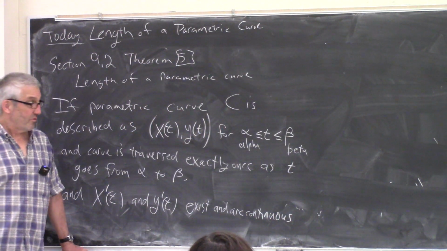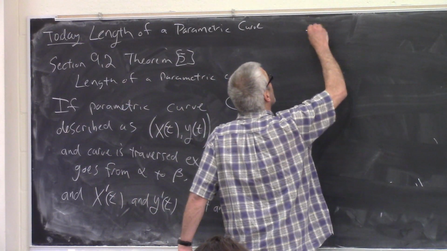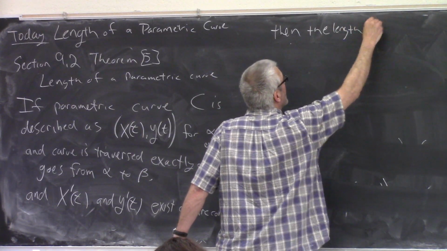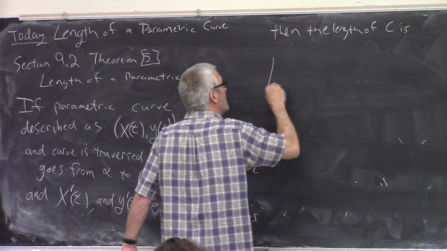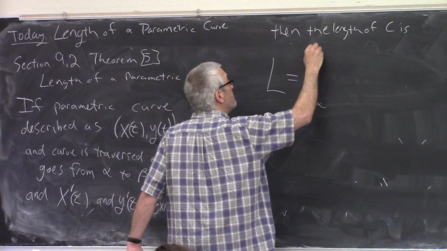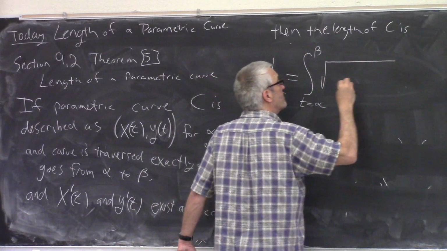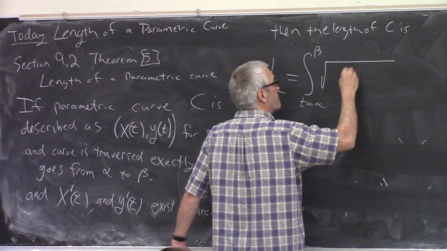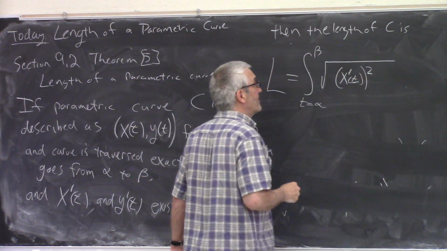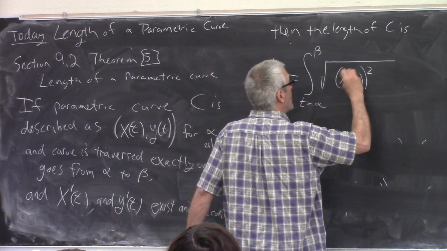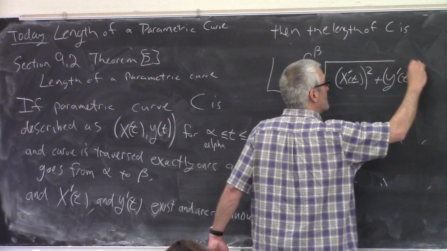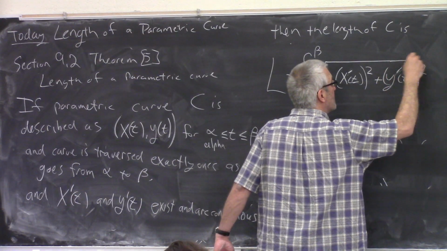If all that stuff is true, then the length of C, capital L, is obtained by this integral from t equals alpha to beta of this crazy square root thing, x prime of t squared. So that's the derivative. That's not an exponent. That's x prime plus y prime of t squared. Again, that's a prime, dt.